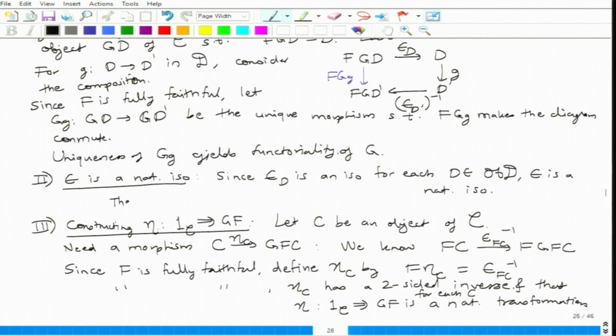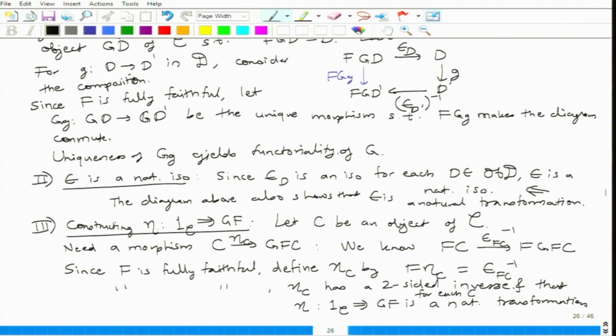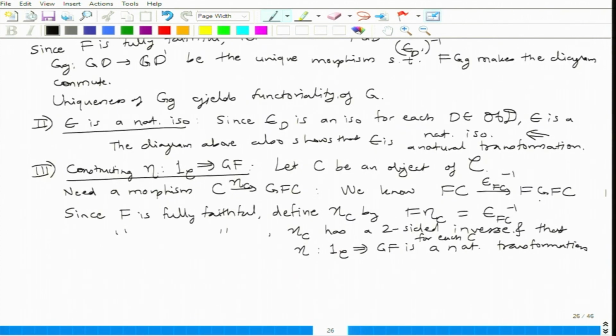Let me just write it, the same diagram: the diagram above also shows that epsilon is a natural transformation. And therefore, it is a natural isomorphism. Similarly, eta is a natural isomorphism. Okay, so this finishes our proof.